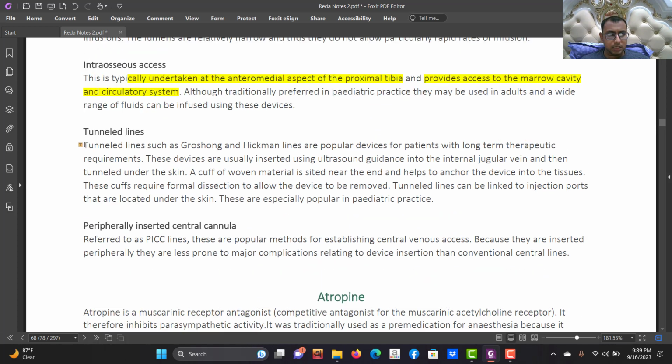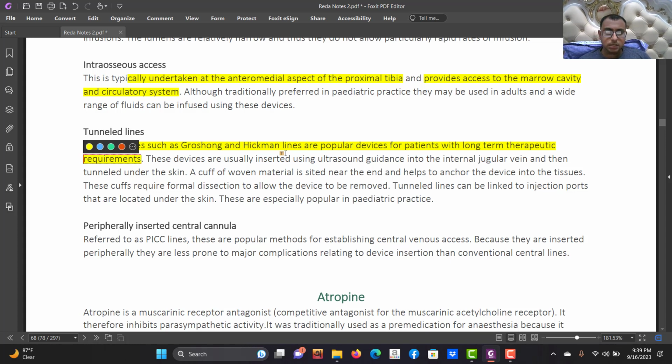Another one is tunneled lines such as Groshong and Hickman's line. A popular device for patients with long-term therapeutic requirements, like patients with short bowel syndrome, where the ileum is mostly resected or necrotized by mesenteric ischemia or mesenteric thromboembolic complications.